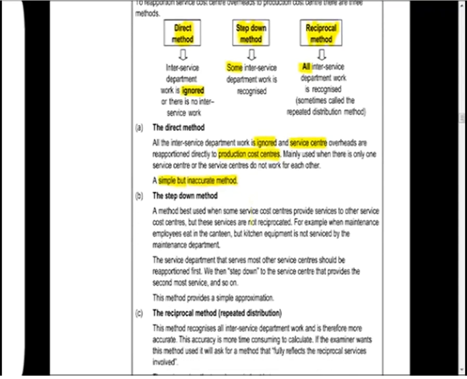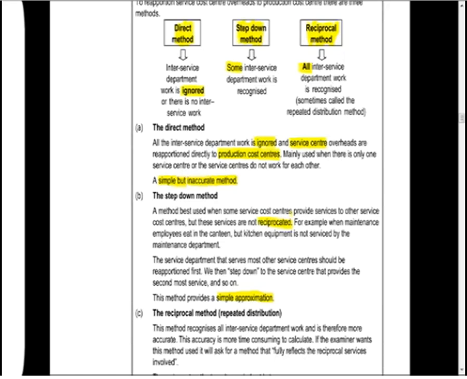The step-down method also provides an approximation, but we are taking into consideration some of the inter-service departmental work, so it's slightly more accurate. It's best used then if some service centres provide support to others, but it's not reciprocated. So for example, here the maintenance employees eat in the canteen, but the kitchen equipment isn't serviced by the maintenance department.